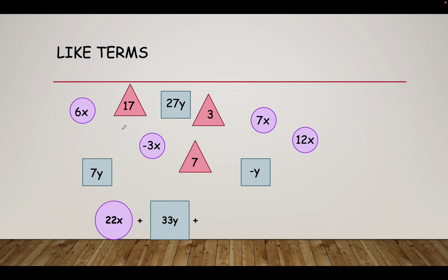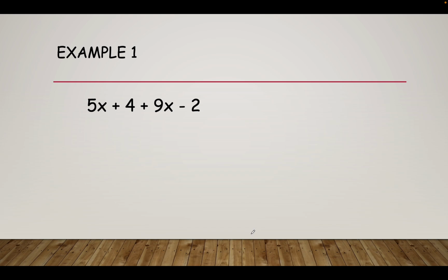And if we combined everything in the triangle, 17 plus 3 plus 7, we would have 27. So simplifying means to break it down into simplest terms, to put all of the like terms together so that we only have one set of circles, one set of squares, one set of triangles, if that helps your brain think about the math differently.